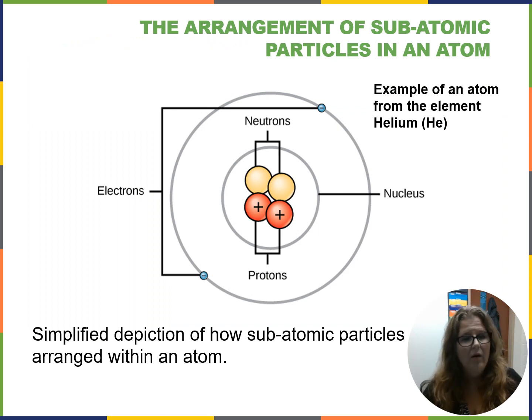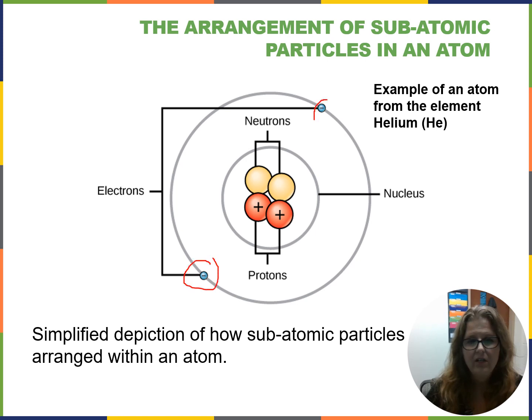And then again, here's a much better picture than what I tried to draw of the arrangement of the atom. So we're looking at a helium atom here, and you see that there are 2 electrons orbiting. So you have one here and you have one here. And then in the nucleus, we actually have 2 neutrons and 2 protons.